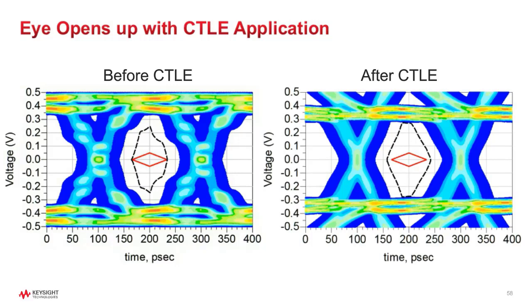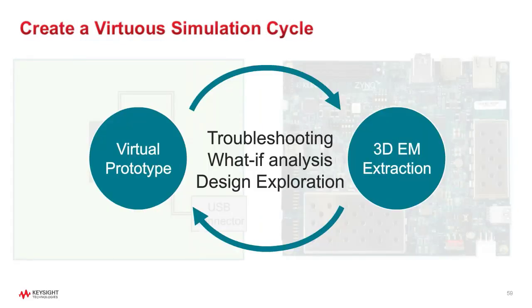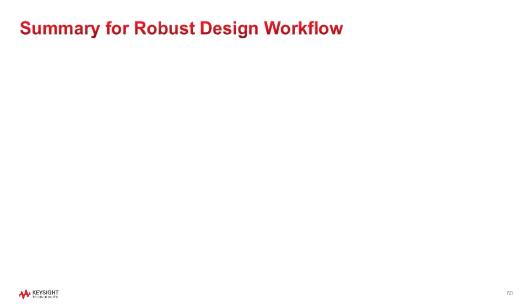So that concluded the virtuous cycle created by the virtual prototype and 3D EM extraction. And that really helps us to troubleshoot, to do a what-if analysis, and to do design exploration. Now we're at the time where we do a quick summary of the robust design workflow.